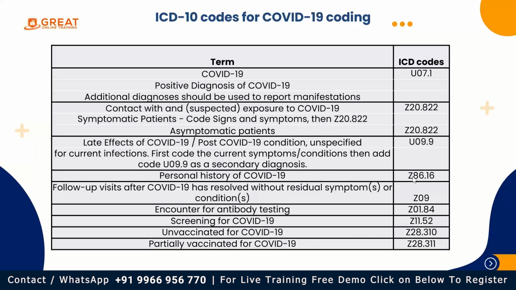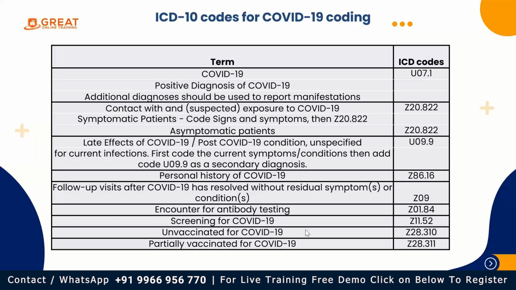For personal history of COVID-19, Z86.16 code is there. For follow-up visit after COVID-19 has resolved without residual signs and symptoms or condition, we have Z09 code. Encounter for antibody testing, we have Z01.84. Screening for COVID-19, we have Z11.52.